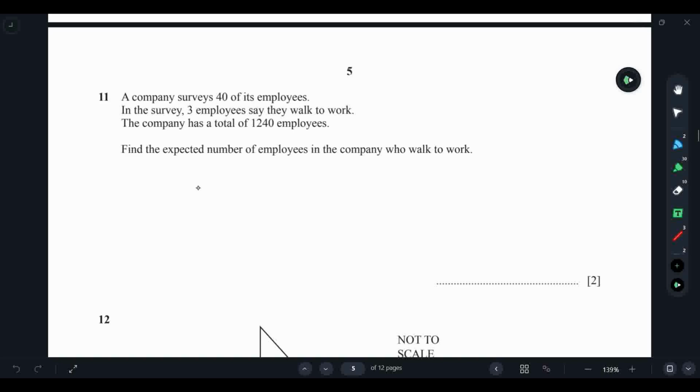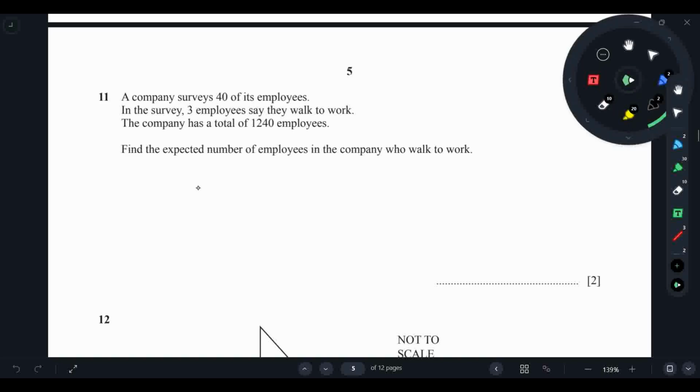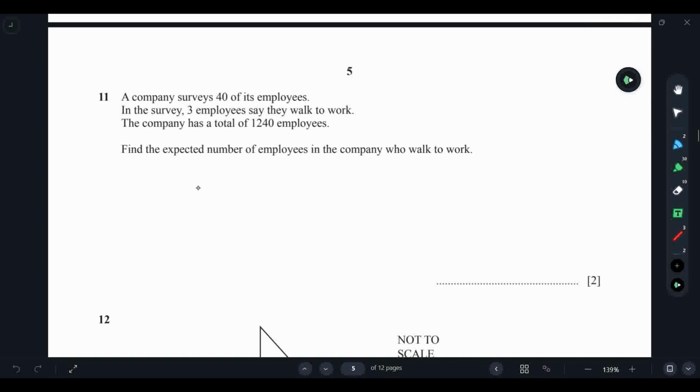We can use the ratio concept over here. So 3 employees say they walk to work, the survey was for 40 employees, and the company has a total of 1240 employees.